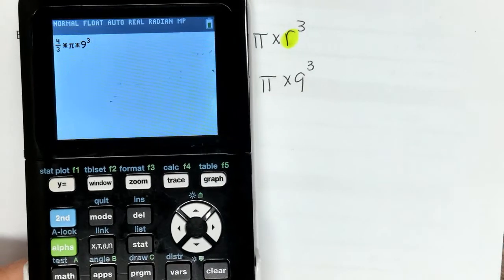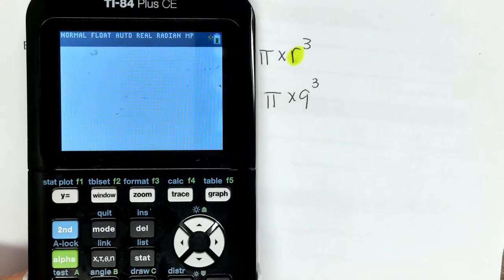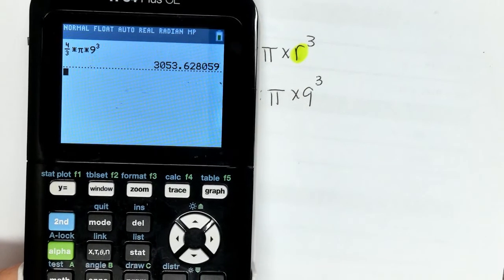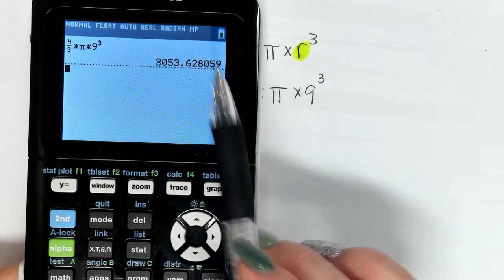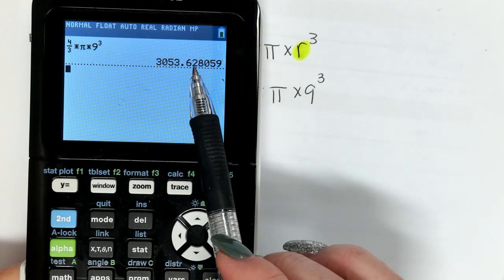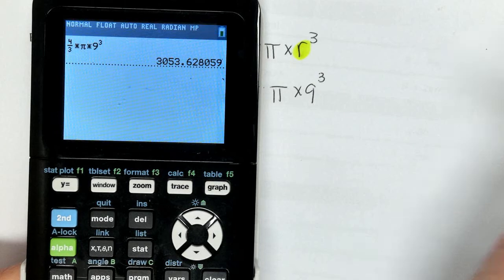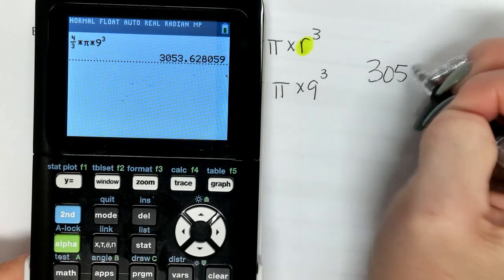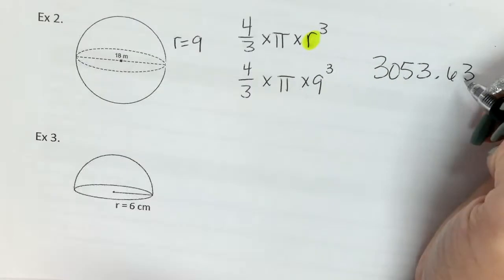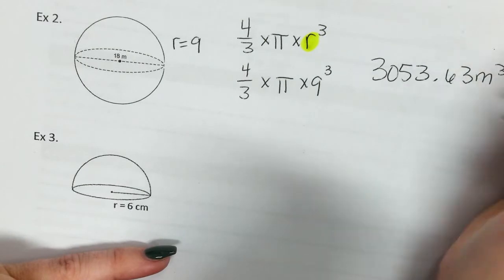Make sure you put it in just like I did. And that's your answer. And remember, you stop at the hundreds place, which is right here. So will that 2 stay a 2 or become a 3? It's going to become a 3. So 3,053.63 meters cubed.